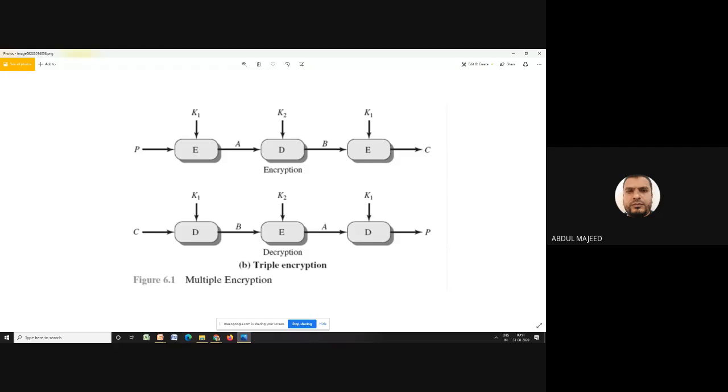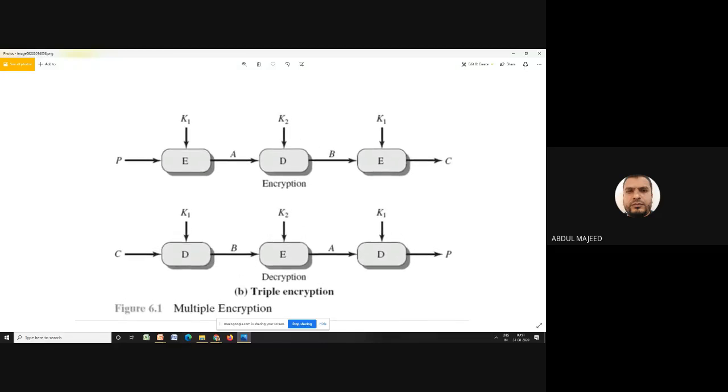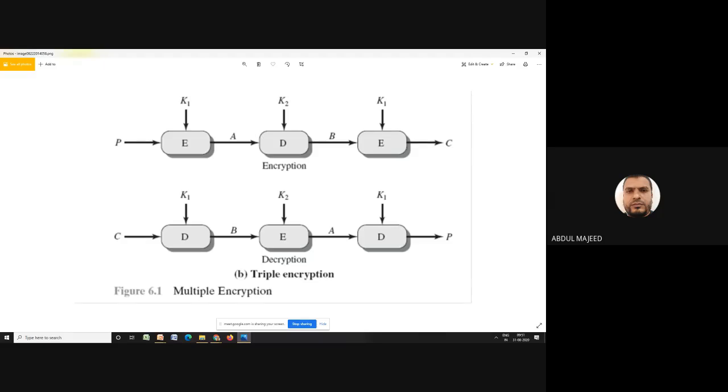You can see the diagram of triple DES. The same DES algorithm is there, and we are repeating it 3 times. First, P we are taking as plain text.